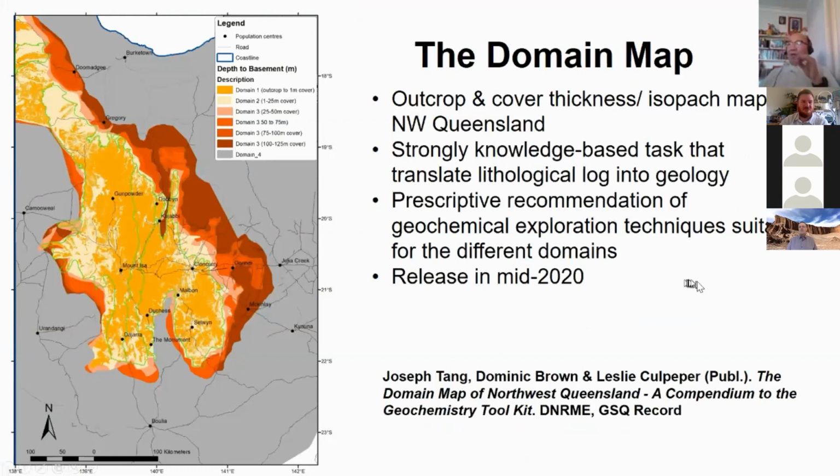The publication will also have a very prescriptive recommendation of the different sample types to use for these different domains. And therefore, it is very similar to the toolkit, and they complement each other. This product hopefully will be released by the middle of this year, and it should be another product that will help explorers, especially in the Northwest.